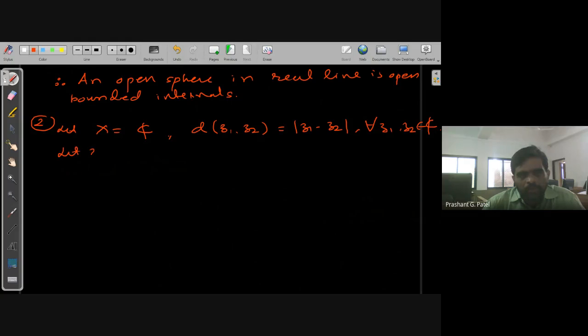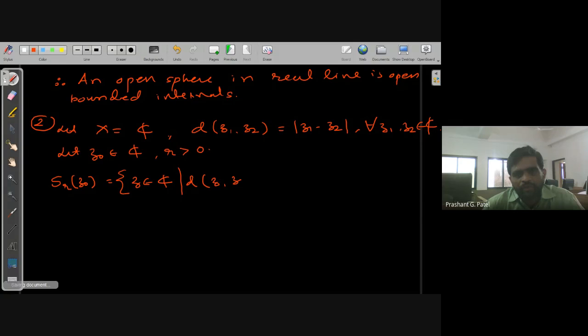Let z0 belong to C and r be greater than 0. Then what will be S_r(z0)? As per the definition, this is the set of all z belonging to C such that the distance between z and z0 is less than r.